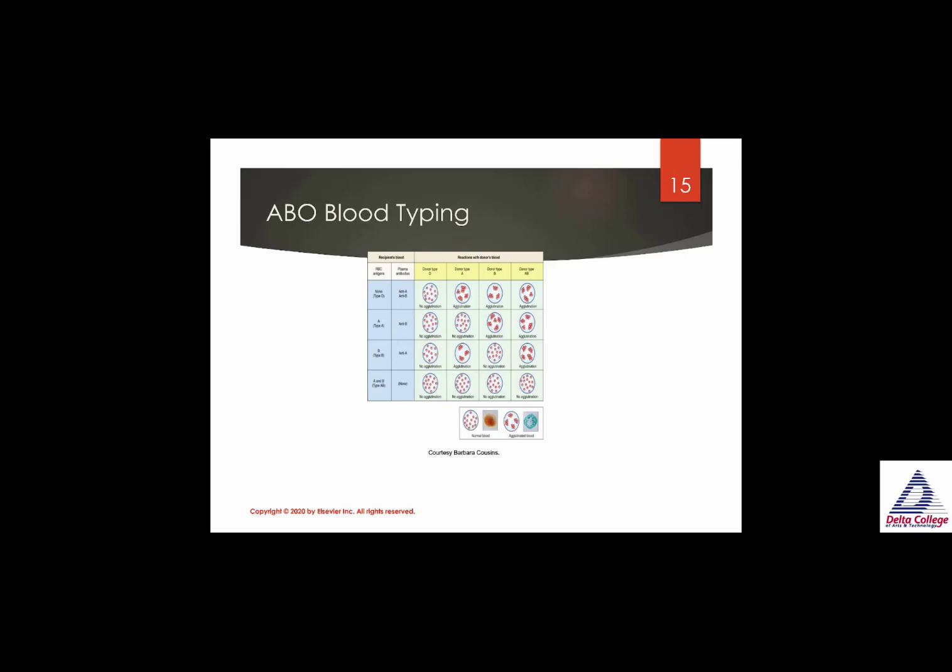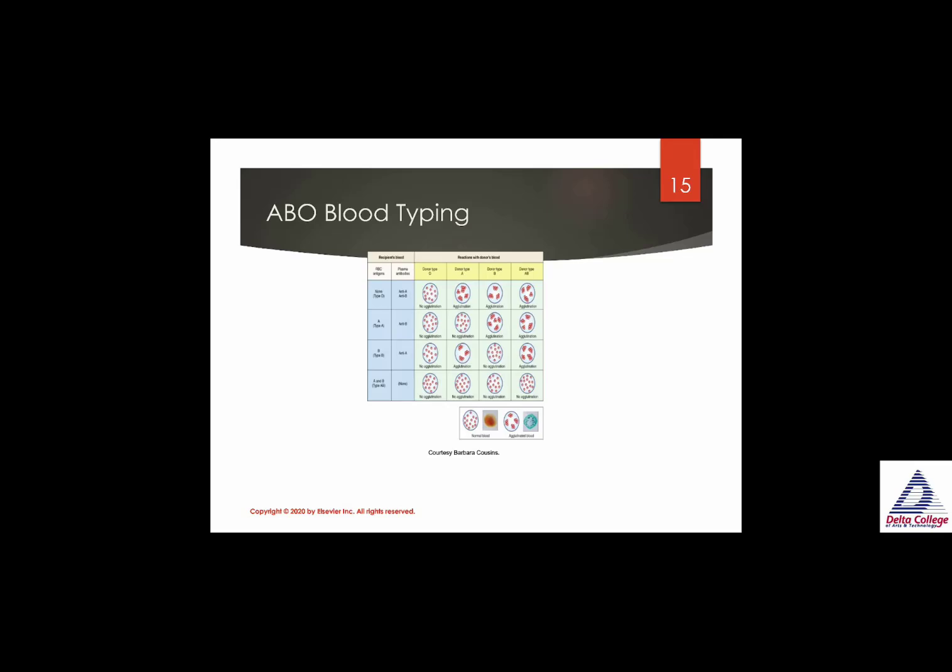So if somebody has type O blood, they can receive O blood. If they're type A, they can receive O or A. If they're type B, they can receive O or B. If they're type AB, they can receive O, A, B, or AB.